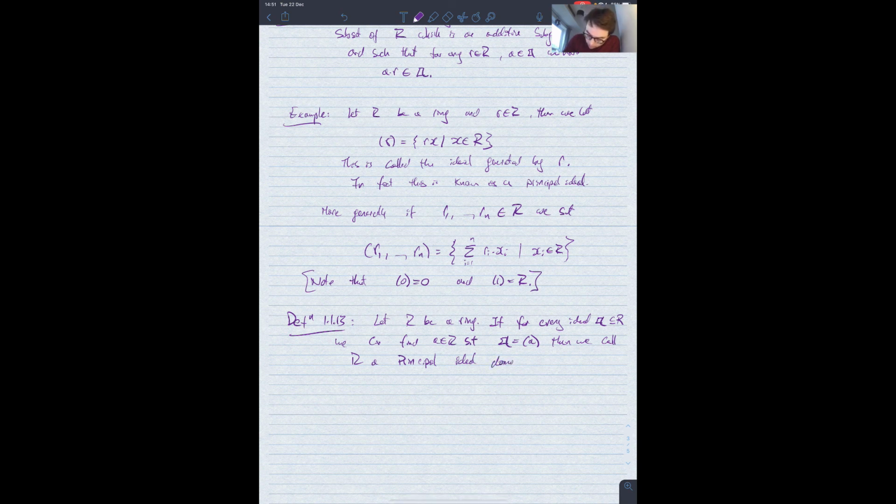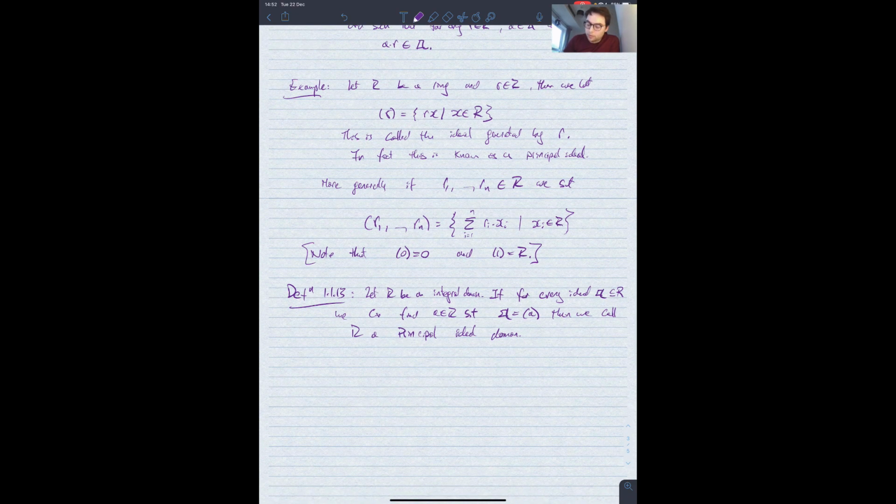Oh, and I realized that I said let R be a ring, but I want to let R be an integral domain. Then we call this a principal ideal domain, or this is usually just denoted by PID for short.